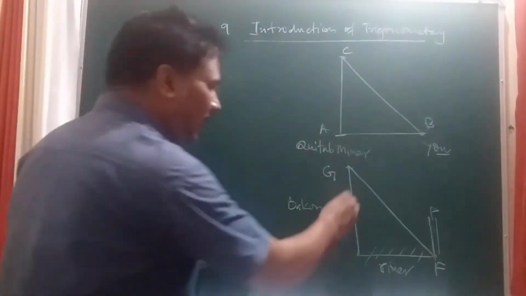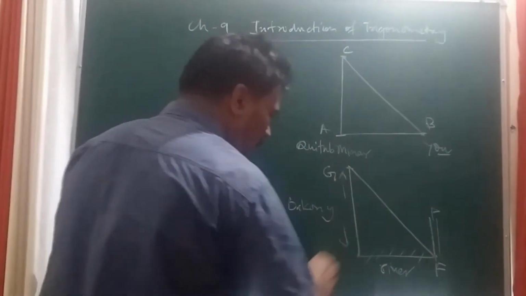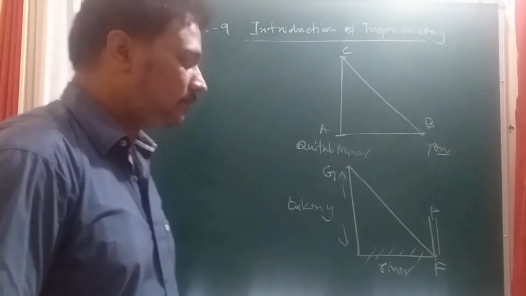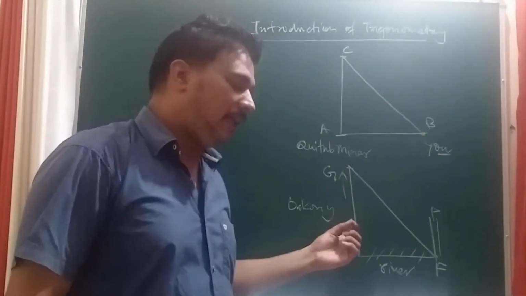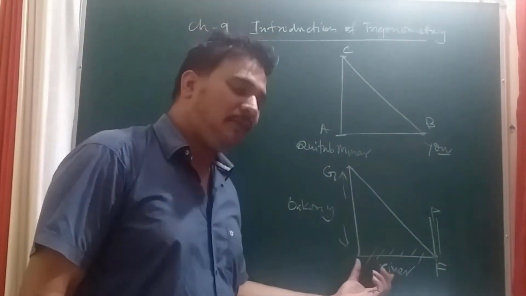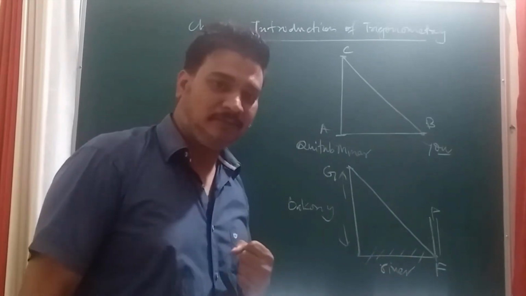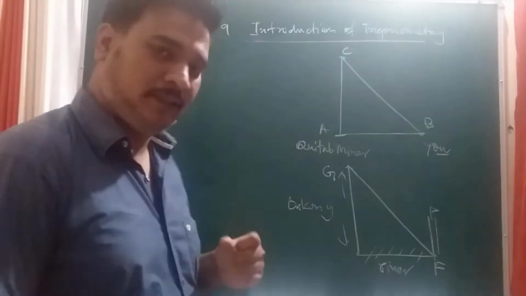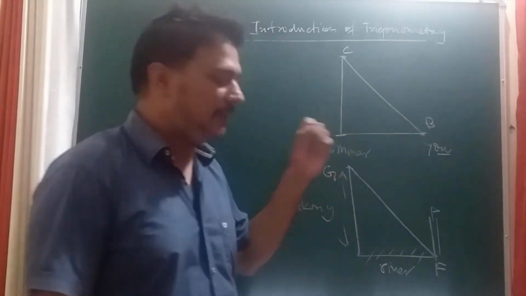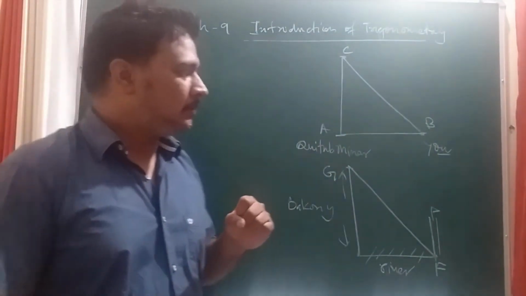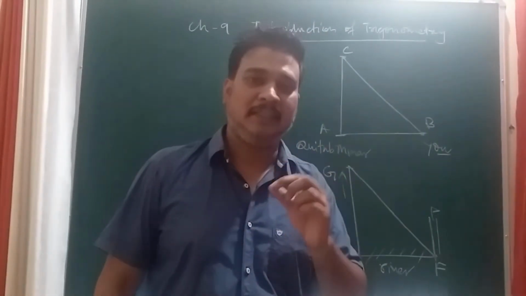If you know the height of the balcony, then you can find the width of the river. Yes, we can find it by a mathematics technique.